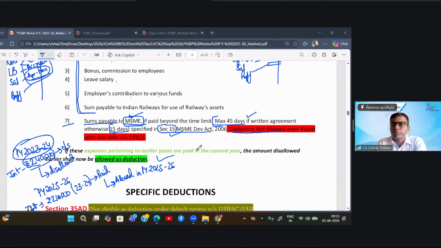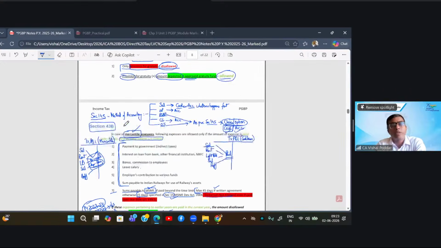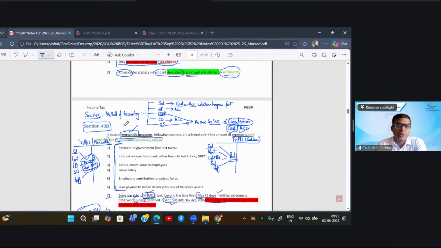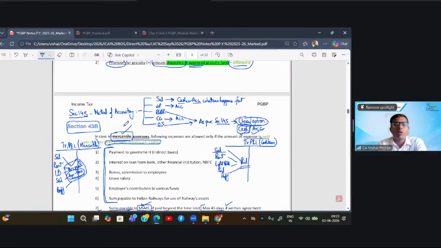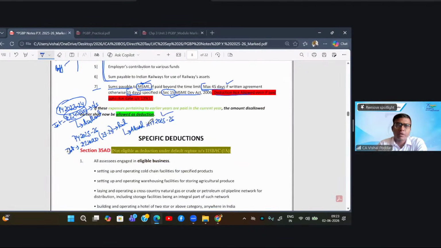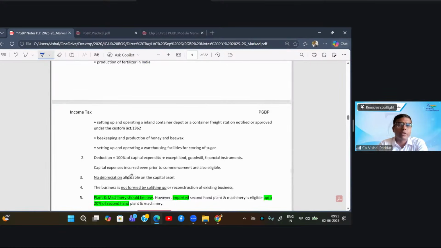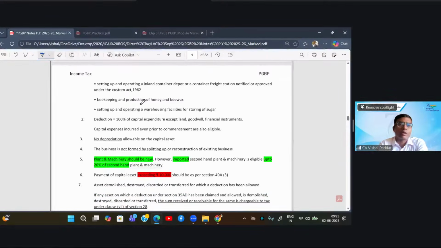Good. So students, we have completed, you can say, 75% of the provisions of PGBP. In fact, all the provisions which are necessary for solving the practical questions now. What we'll be doing further is we will go to some specific sections like 35AD, where a list of businesses is given with some special conditions and requirements.